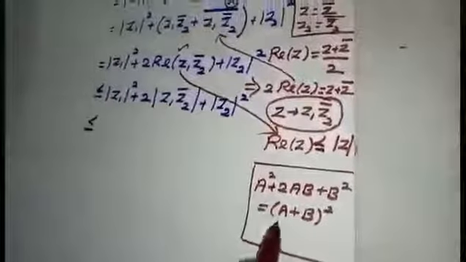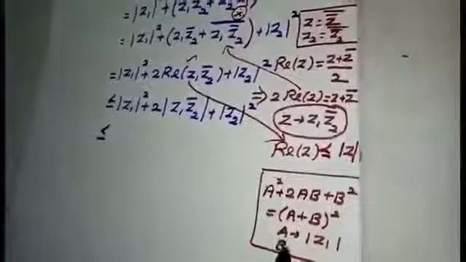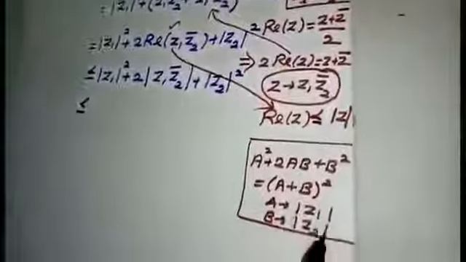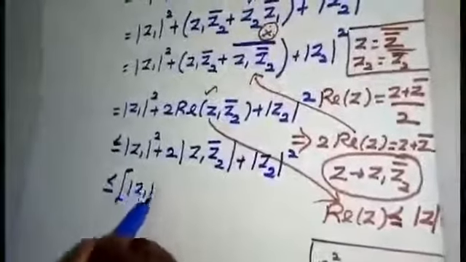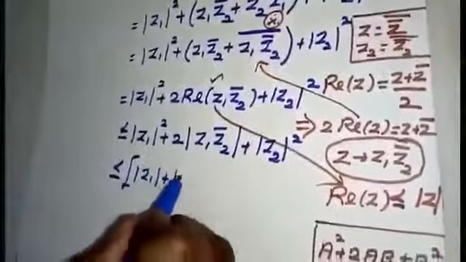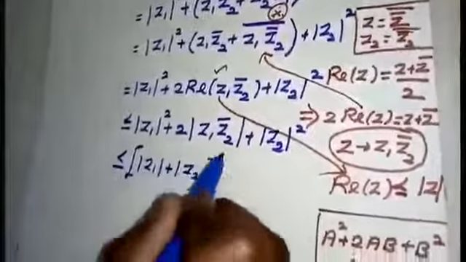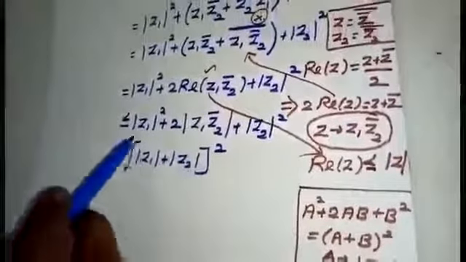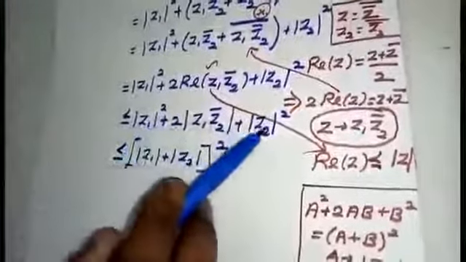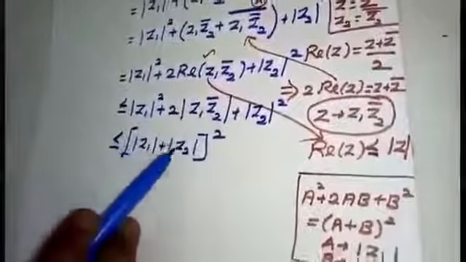In place of a, I am writing it as modulus of Z1, and in place of b, I am writing it as modulus of Z2. So shall I write like this, students? That is, just open the bracket, modulus of Z1 plus modulus of Z2 the whole square. That is, a plus b the whole square. Can be written a square plus 2ab plus b square, which is written as a plus b the whole square.